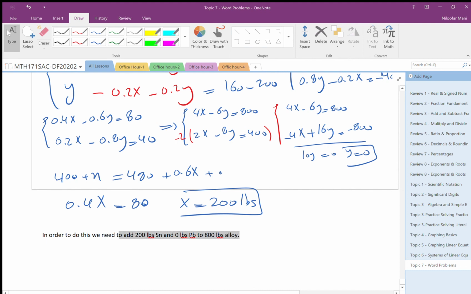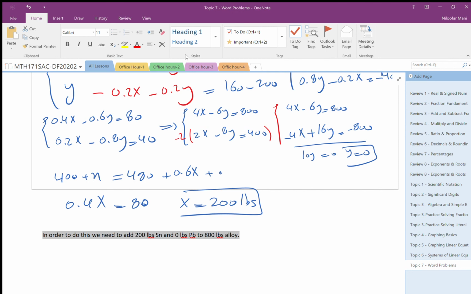And it makes sense because the concentration of Pb went lower, so for Pb, 0. But for the other one, because it goes up, for sure I have to add something, because it was 50% and it changed to 60%.